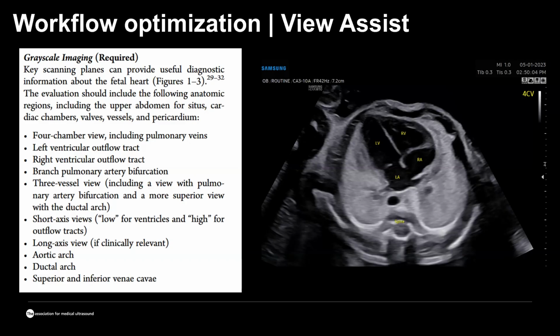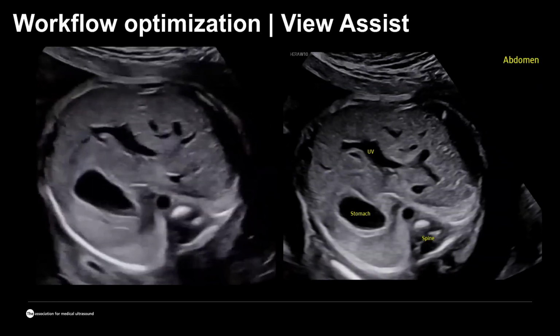And as this technology is based on artificial intelligence, it really helps to streamline every single exam. Even if in the past you didn't have a habit of highlighting and labeling every single picture in your exam, now it becomes really easy and takes less than a second. So here is an example.